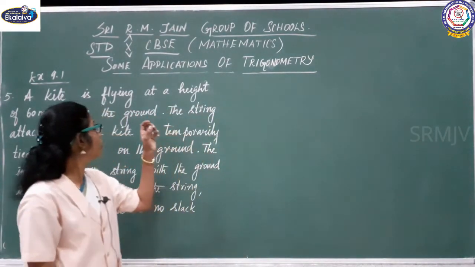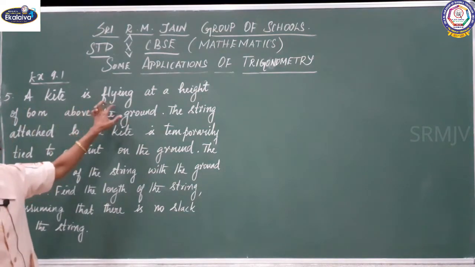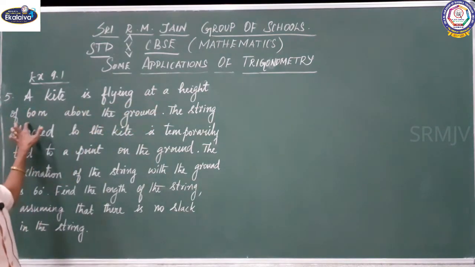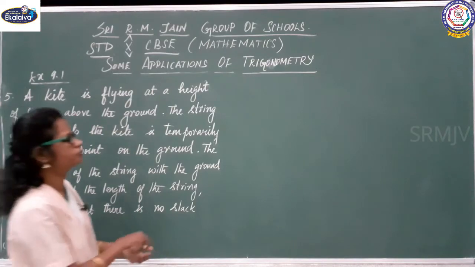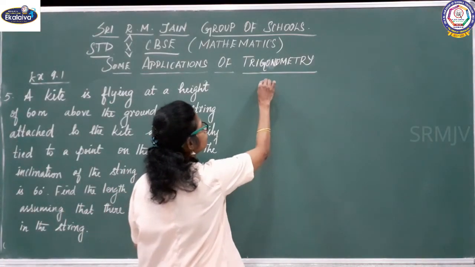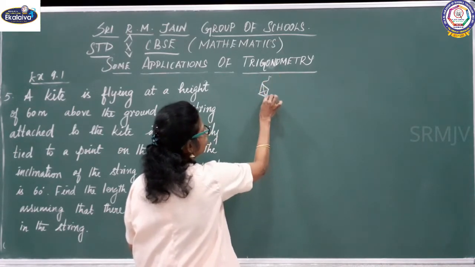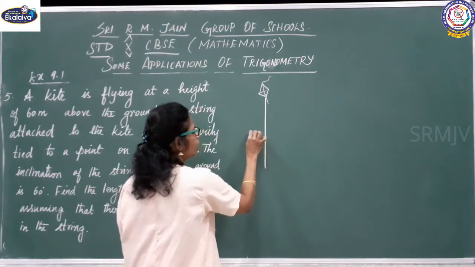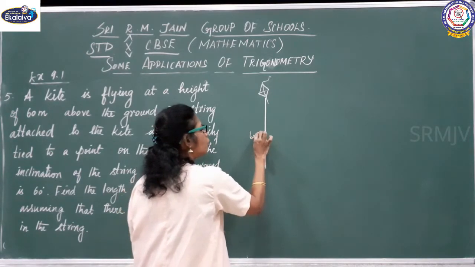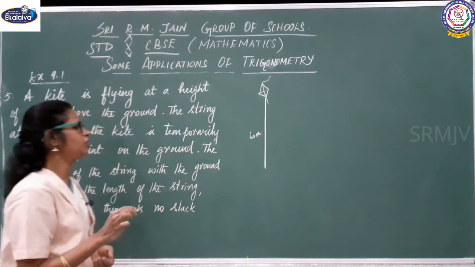Now question number 5. A kite is flying at a height of 60 meter above the ground. Right? The kite is flying at the height of above the ground is 60 meter.